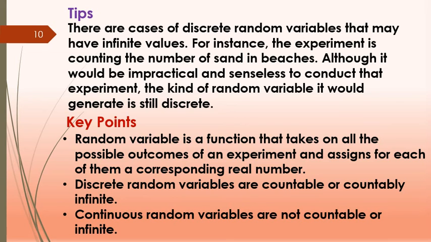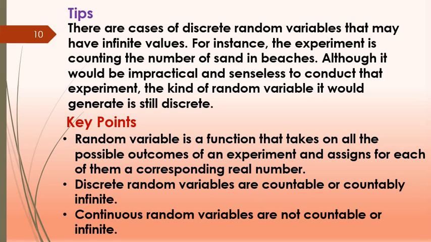Although it would be impractical and senseless to count the number of sand in beaches, the kind of random variable it would generate is still discrete. So if ever there are researches that count the number of sand in the beaches, then it is a random variable.